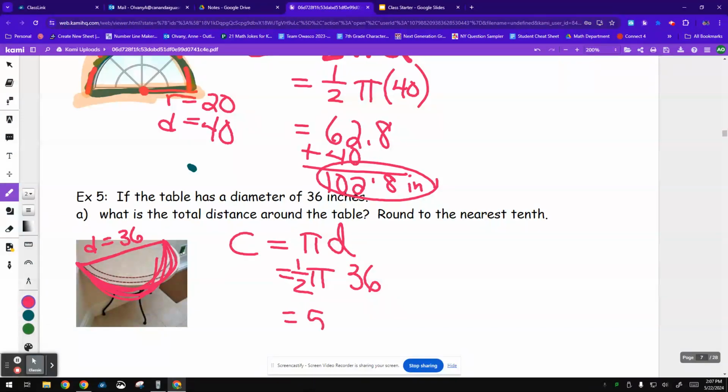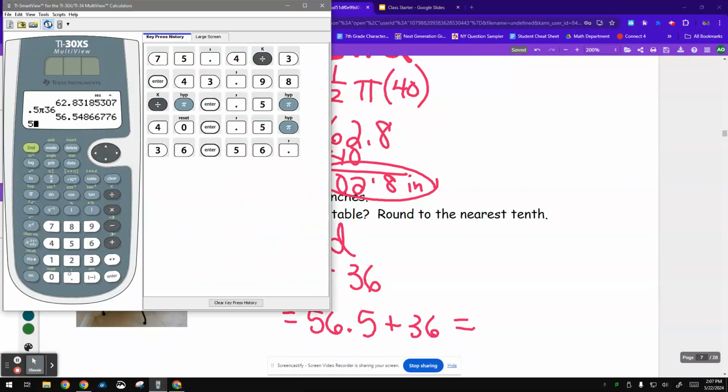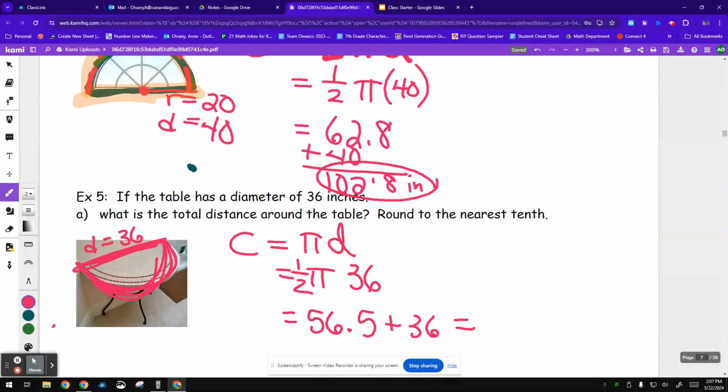We have to add the 56.5, and then add 36. Plus 36. 56.5 plus 36 equals 92.5. 92.5 what? Inches. Fantastic job.